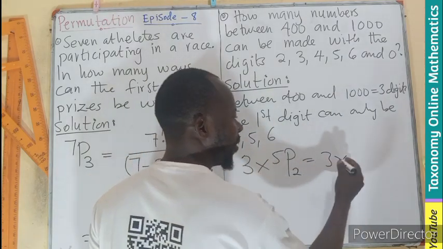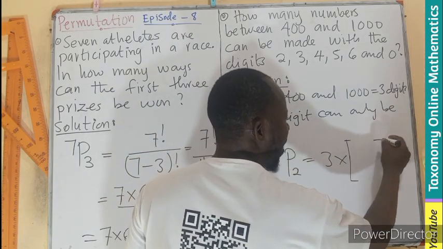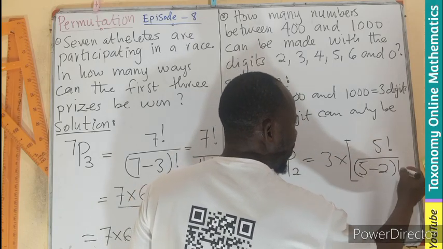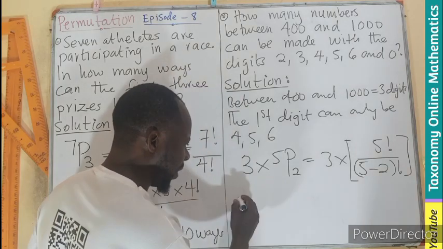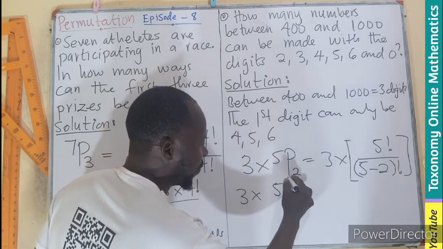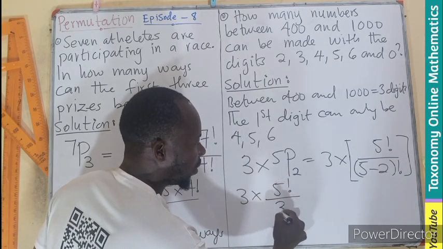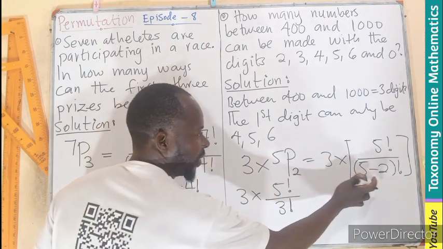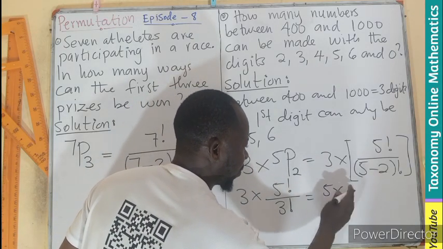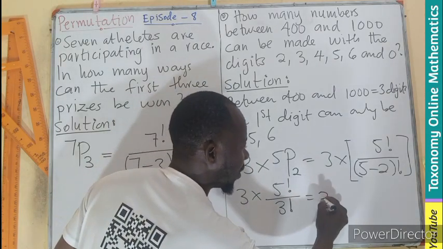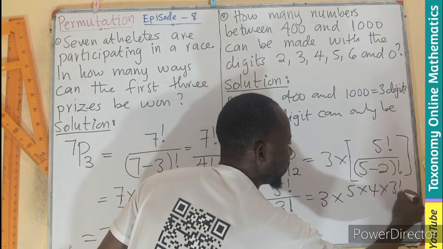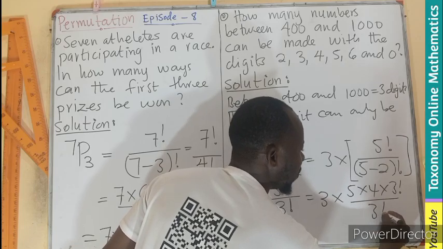In the case of this, let me just say I have 5 factorial over (5 minus 2) all factorial. It will still be 3 times 5 factorial over 3 factorial, since 5 minus 2 is 3. So 3 times 5 times 4 times 3 factorial over 3 factorial.